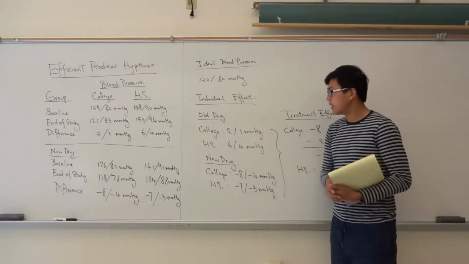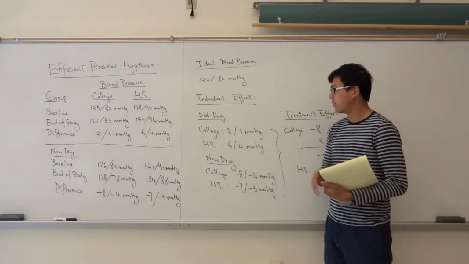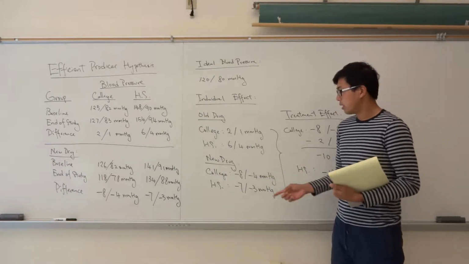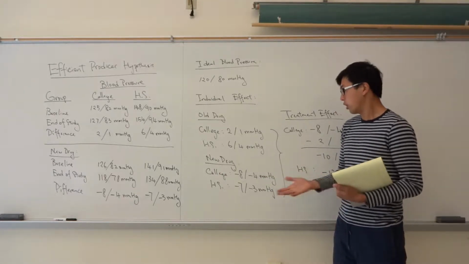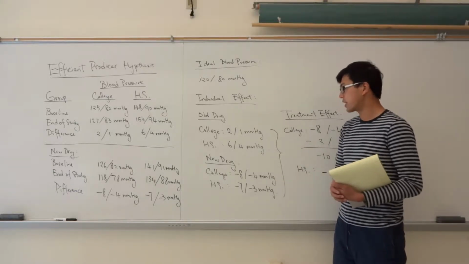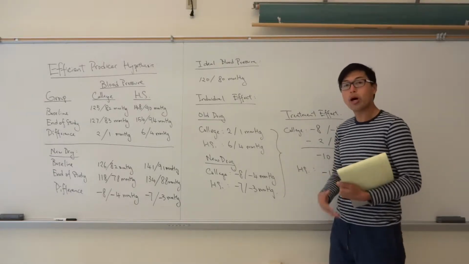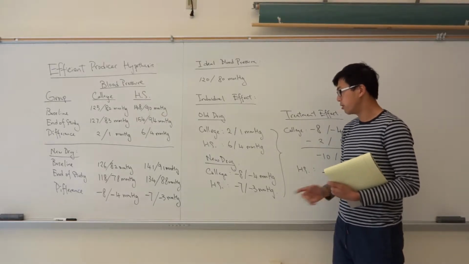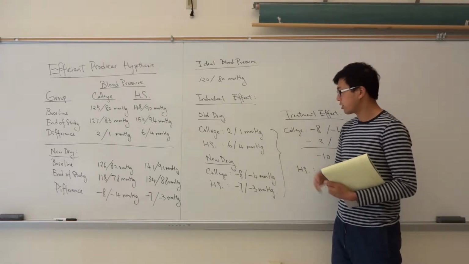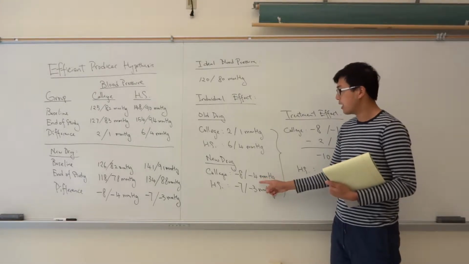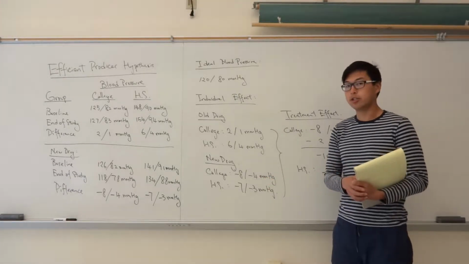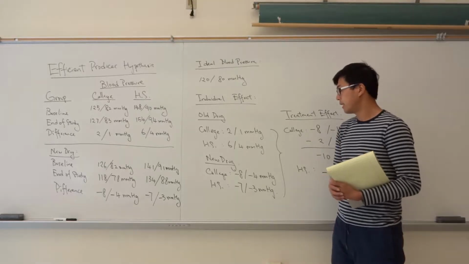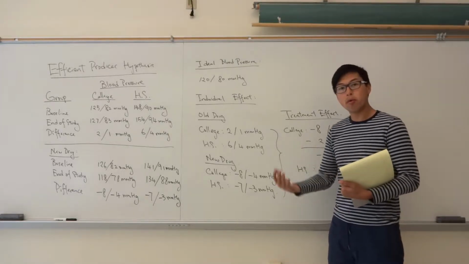On the other hand, looking at the individual effect of the new drugs, the college graduates obviously have a much better, more ideal result compared to the high school graduates, because they have a much higher reduction of these numbers, getting into the normal range.